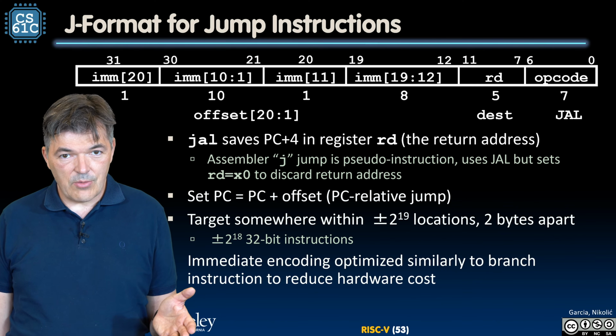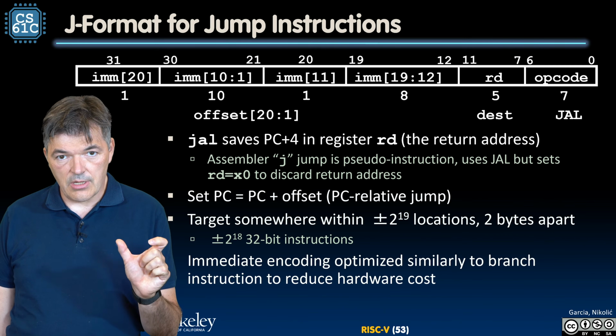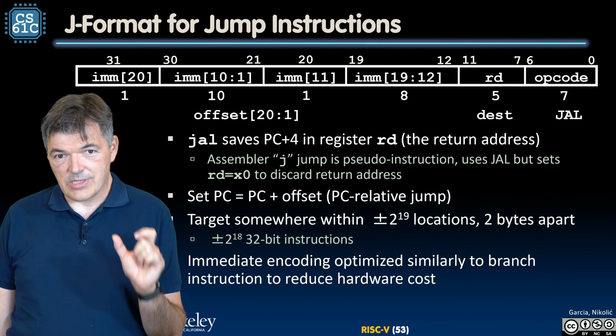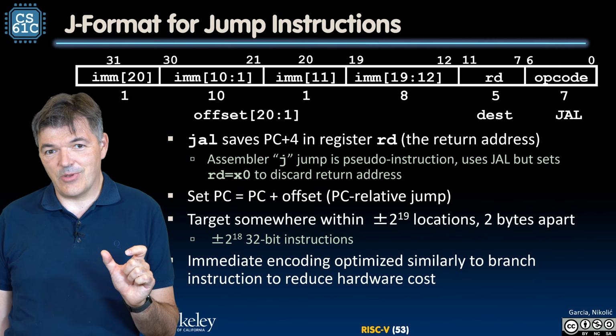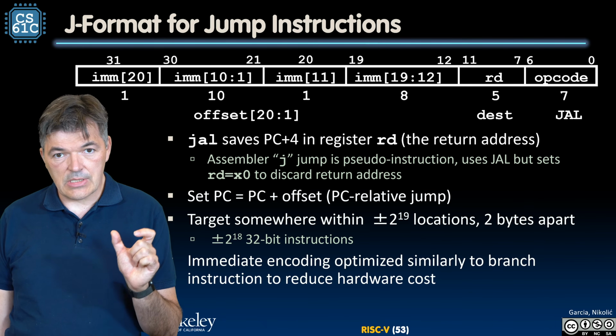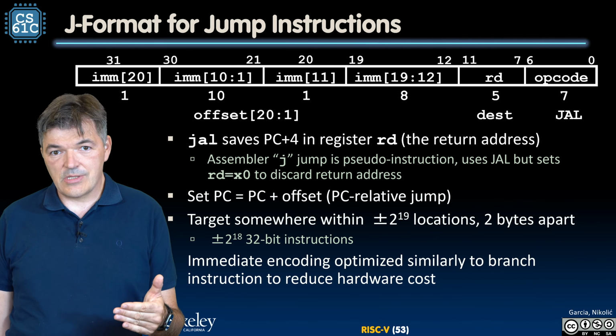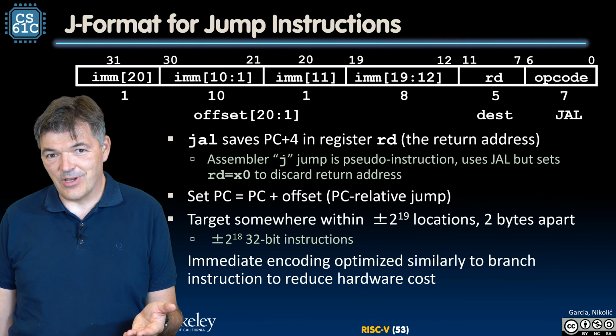Important things to remember here: the range here is actually 21 bits because we follow the same convention that we have seen in branches, where we will be jumping only to even addresses in the memory. That's where we are going to find valid instructions.